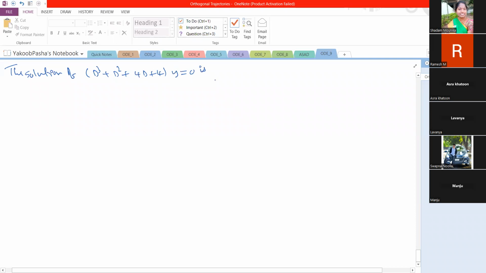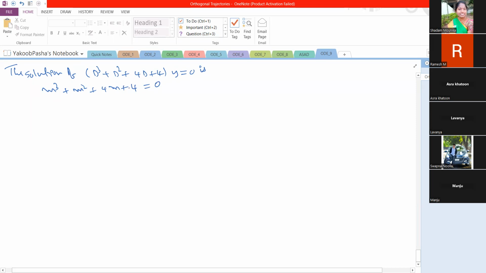We just need to find the complementary function. First of all, I am writing the auxiliary equation, that is m cube plus m square plus 4m plus 4 is equal to 0. Here it is a cubic equation.